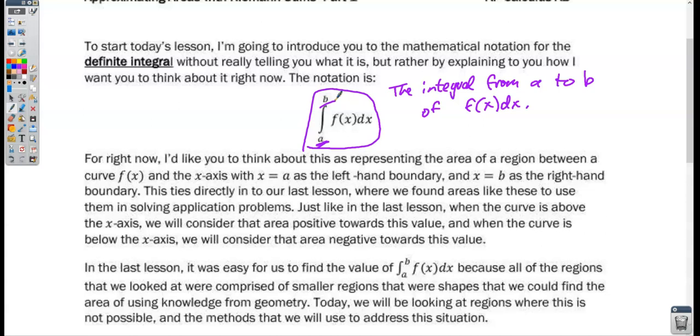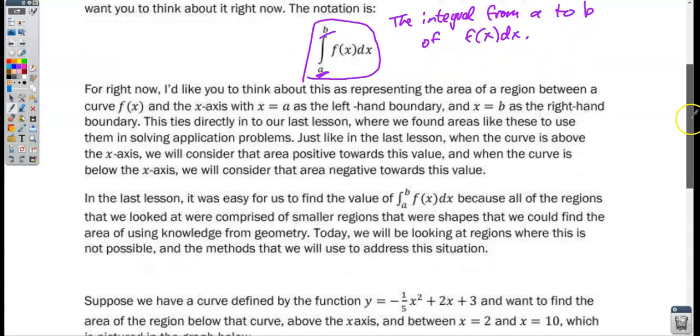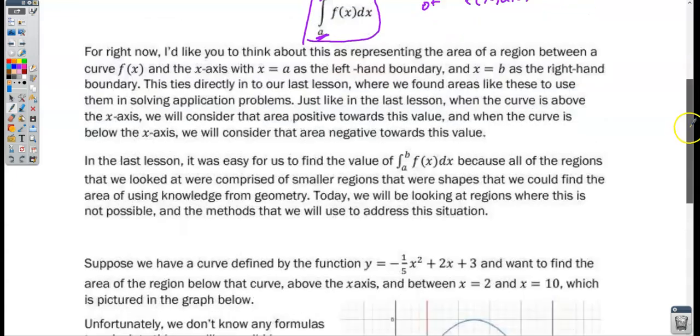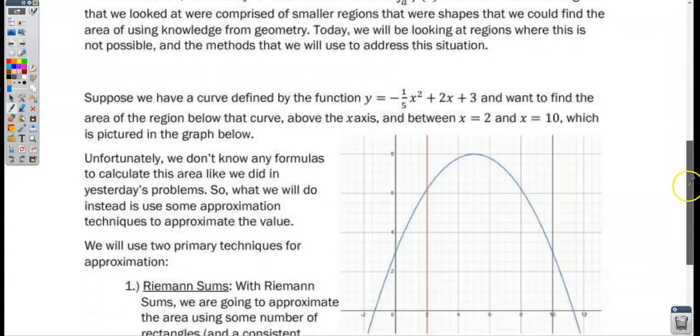Now, in our last lesson, it was really easy for us to find these areas because they were all regions made up of common shapes, rectangles, triangles, semicircles, etc., that we could find using geometry. But starting today, we're going to look at curves where that's not necessarily the case. So, consider the following situation.